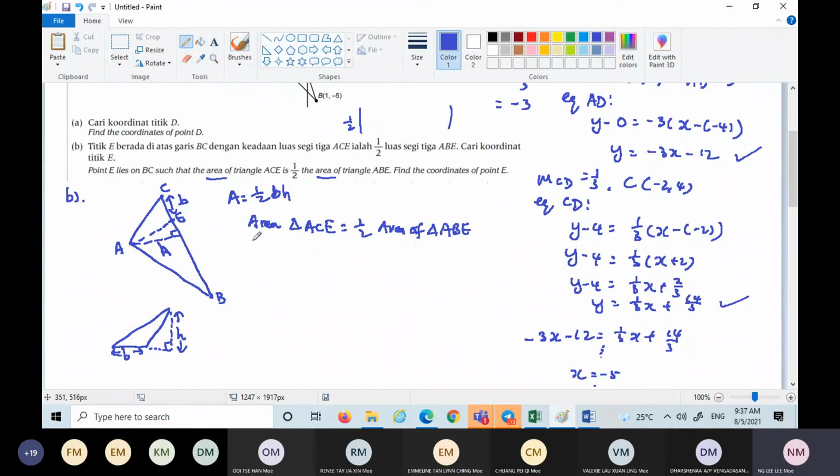So I write it out: half times the base CE times the height H. For the other triangle ABE, half times the base, which is BE, and the height is the same.